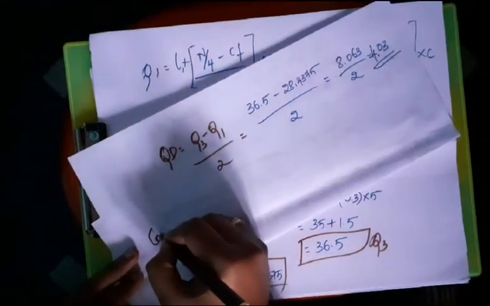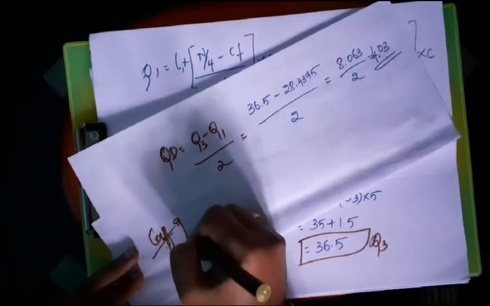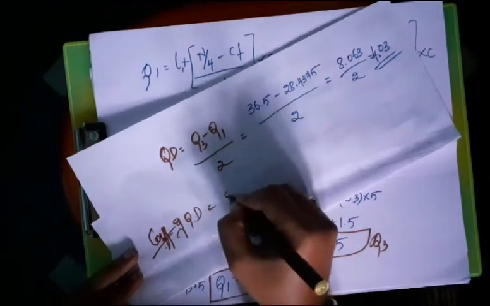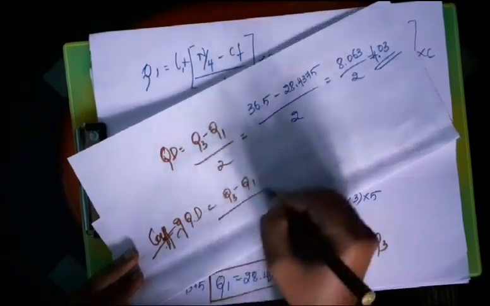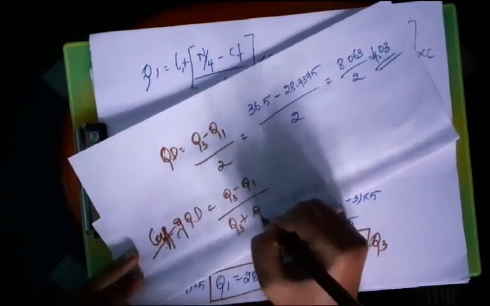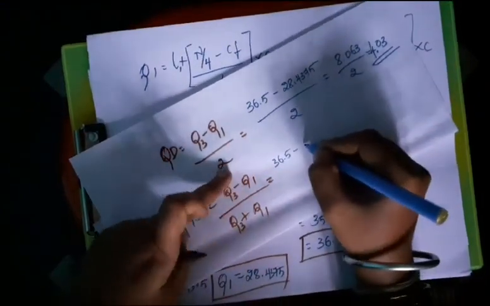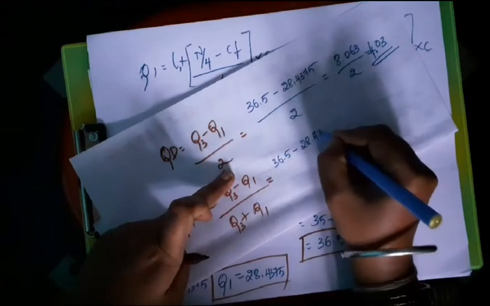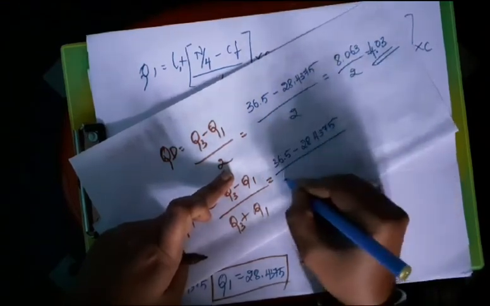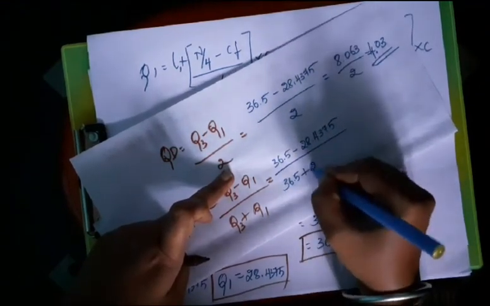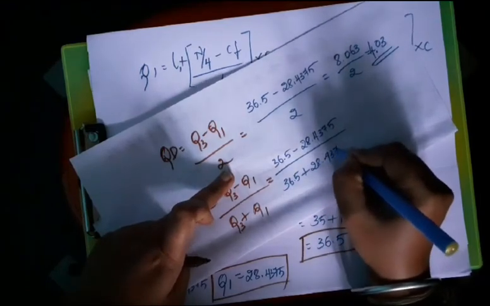The formula for the coefficient of quartile deviation is Q3 minus Q1 divided by Q3 plus Q1. So Q3 is 36.5 minus 28.4375, divided by 36.5 plus 28.4375.